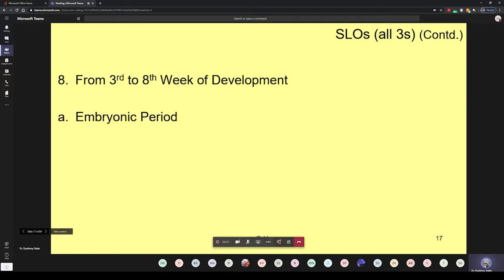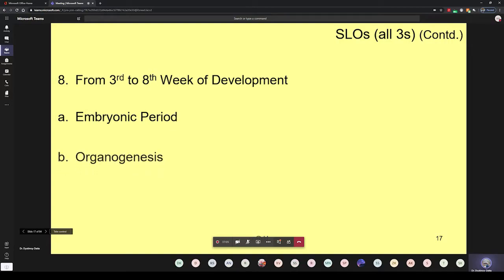Please note this word, embryonic period. The actual embryonic period starts from the third to eighth week of development. Never forget this. This is usually asked as an MCQ.